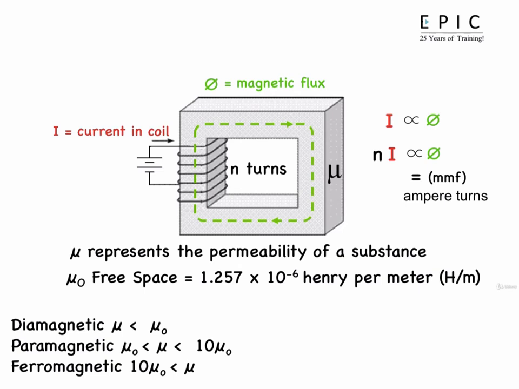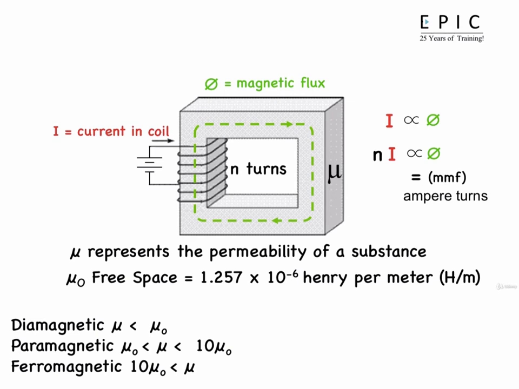The permeability factors of some substances change with rising or falling temperatures or with the intensity of the applied magnetic field. In engineering applications, permeability is often expressed in relative rather than absolute terms.